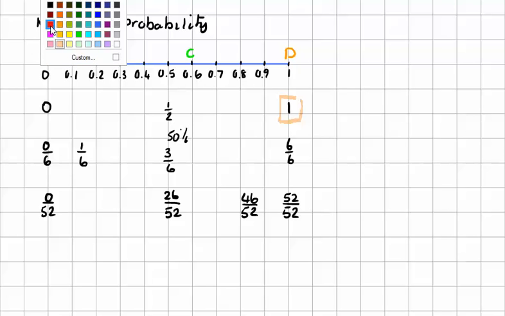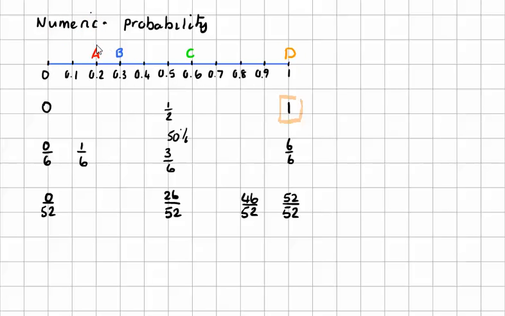So when it says the probability of A happening is 0.2, that could mean 2 out of 10, it could mean 4 out of 20, whatever. We don't even know what A is at the moment. It could be picking a blonde-haired person from a classroom. We don't know, but we do know it's 0.2.